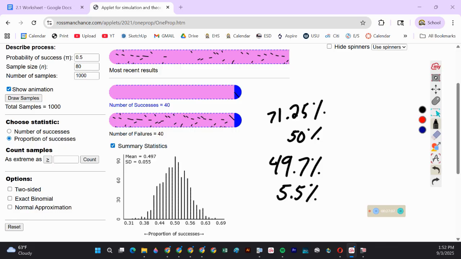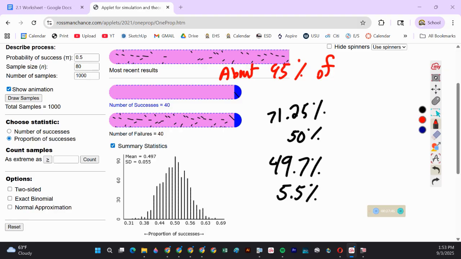Okay. What does the standard deviation mean? And we're going to use the 2 standard deviation rule. You could use the 1, and it's true, but we're going to use the 2. So the standard deviation tells us about 95% of what? Of rounds of 80 guesses.